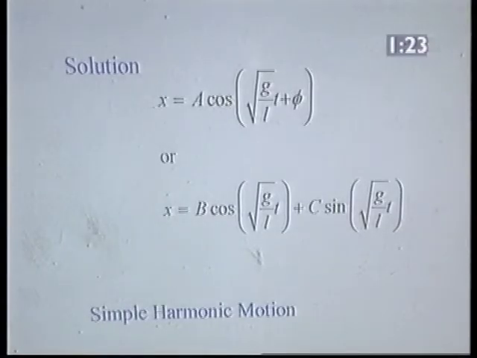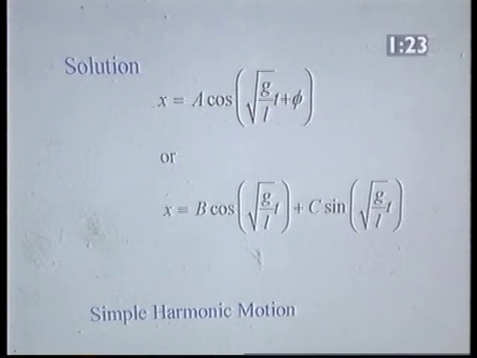Simple harmonic motion is that common that you can quote the solutions from the handbook. You don't have to start solving the differential equation. There are two forms of the solution. Either x equals a cos of omega t plus phi, where omega in this case is root g over L, or this second double form of the solution.